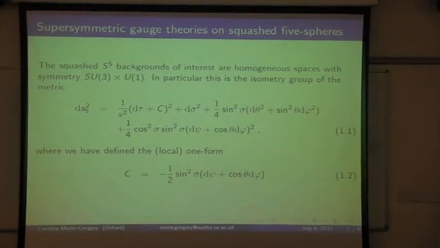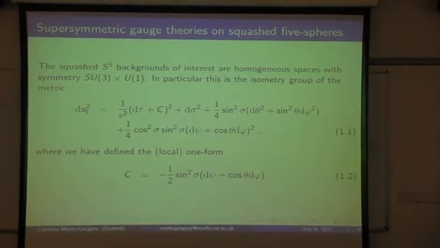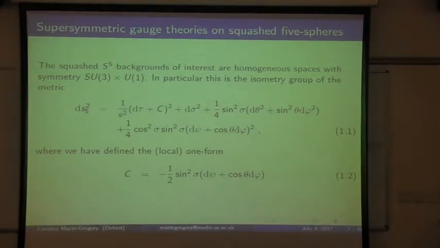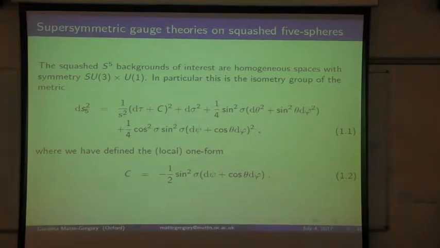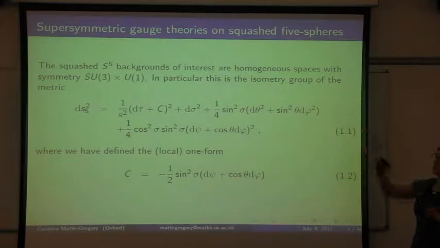So this is where we're going to define our supersymmetric gauge theory. If you have a regular round 5-sphere, you'll be thinking about your SO(6) isometry. We are squashing the sphere, but it's a nice squash, so you're not changing the topology.